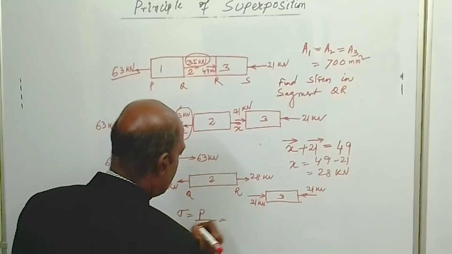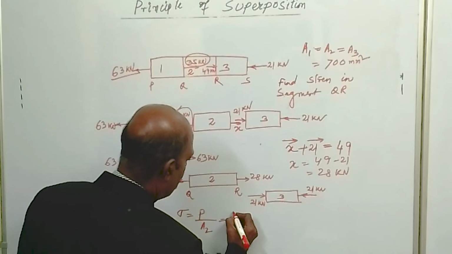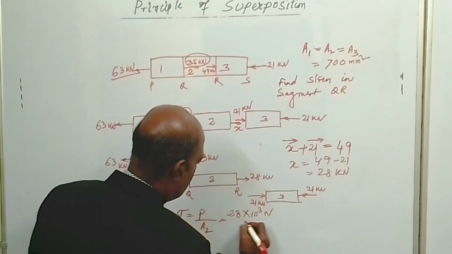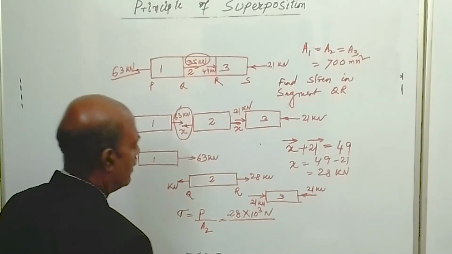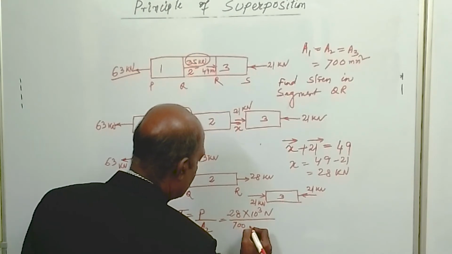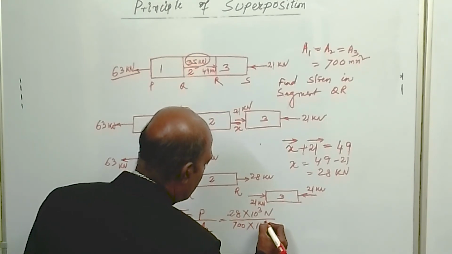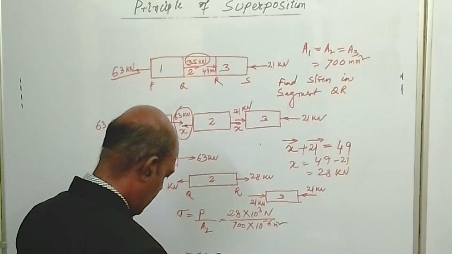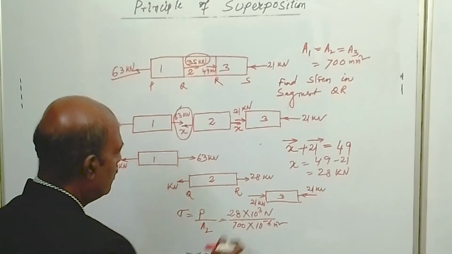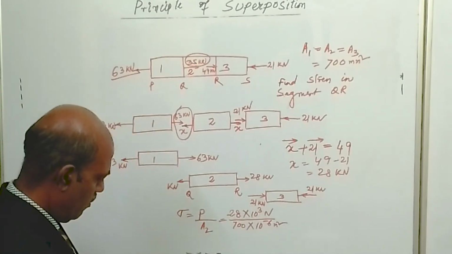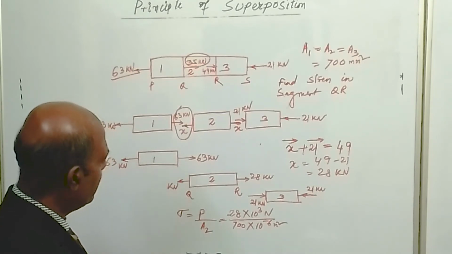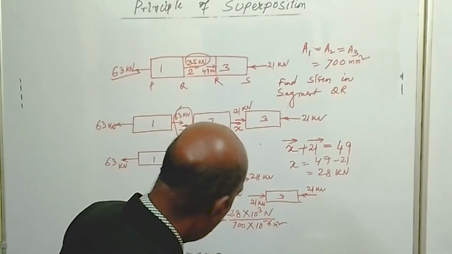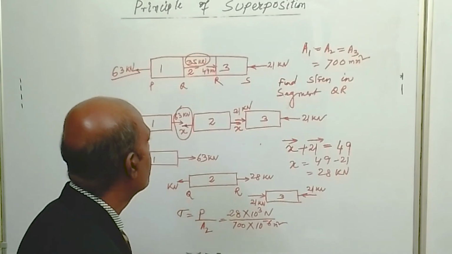So what is the load acting in the second member? 28 kilonewton, that is 28 into 10 to the power 3 Newton, divided by area given as 700 millimeter square, so 700 into 10 to the power minus 6 meter square. You can just calculate this and you will get the result. So 28 into 10 to the power 3 by 700 into 10 to the power minus 6 is the answer, in Newton per meter square.